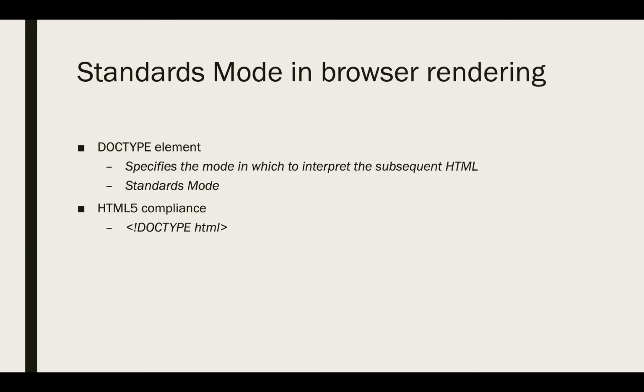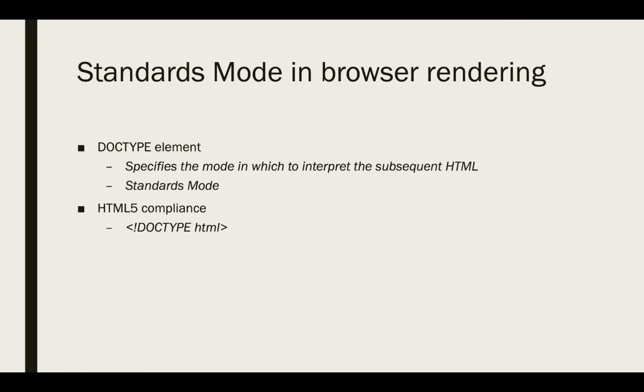Different browsers implement standards differently, and this has been true since early versions of HTML. IE, Internet Explorer, for example, and Chrome, and other browsers, Firefox, Safari, Opera, implement standard and non-standard versions of HTML.